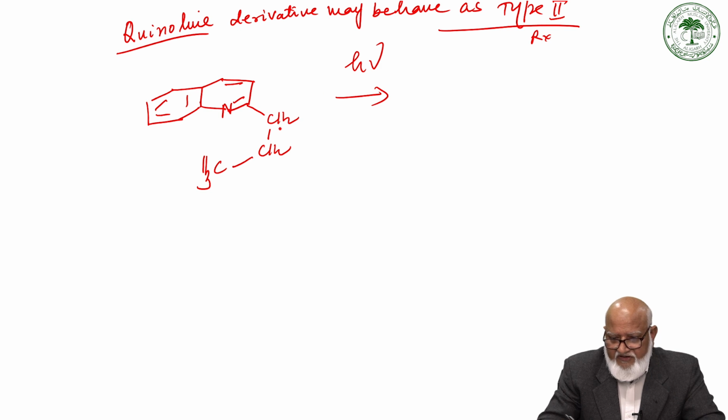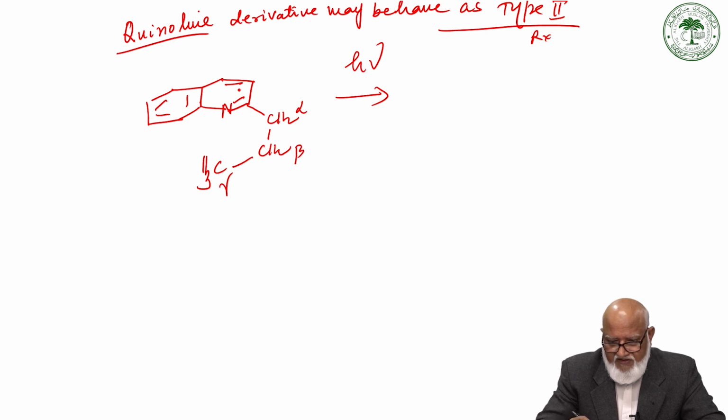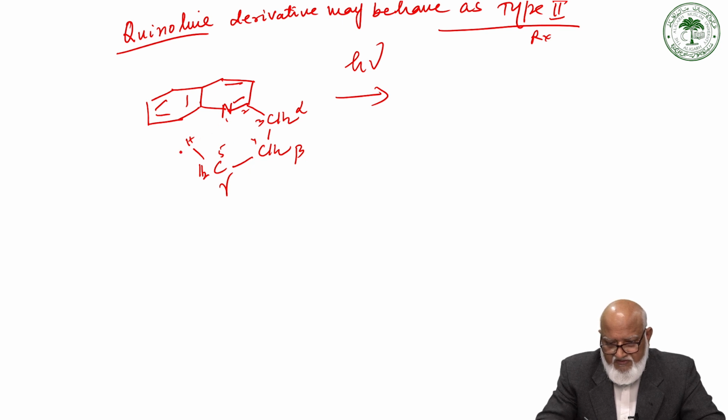This acts just like a carbonyl abstracting a gamma hydrogen: alpha, beta, gamma. You can see 1, 2, 3, 4 and 5, and then we can write this CH2-H.